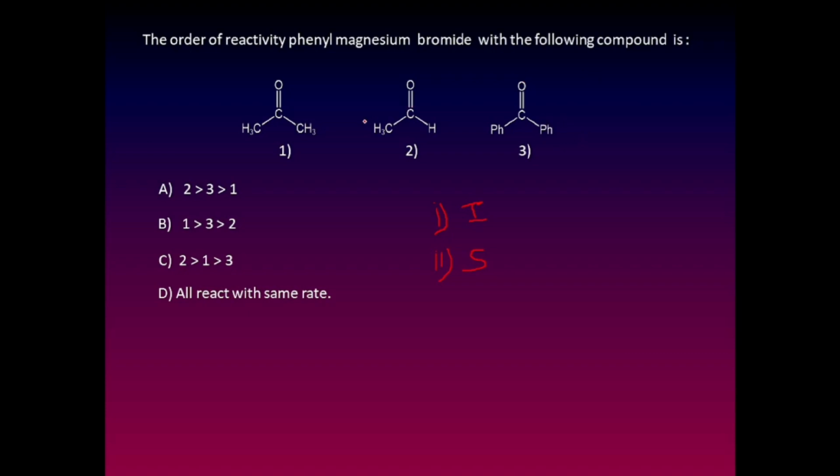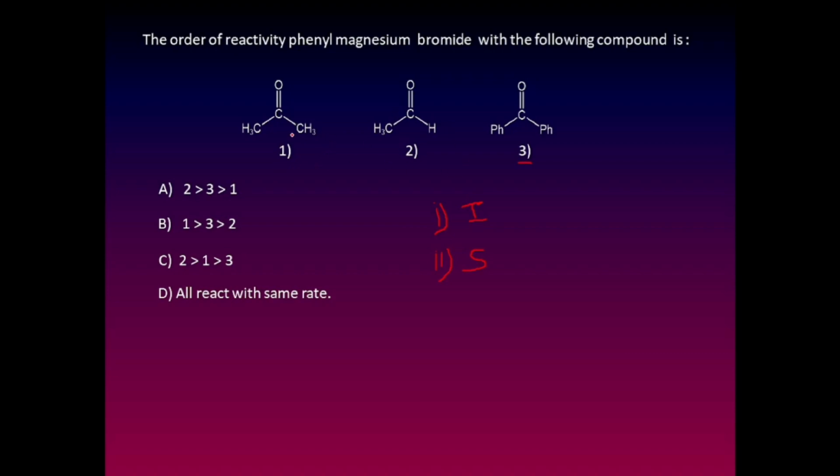You can also see the steric effect in this methyl group, but the steric effect will be more in the case of the phenyl group. So the more the steric effect, the less the reactivity toward phenyl magnesium bromide. So the least reactive will be these three compounds. Here you can see this is option number C, in which 3 is the least reactive.